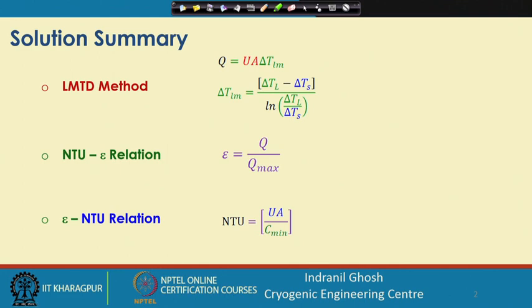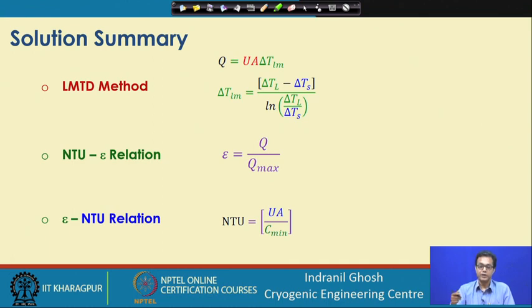So, we have learned about different techniques, LMTD method, epsilon-NTU relation, and now we want to utilize all these techniques to solve different heat exchanger problems, and depending on the knowledge of the values given for the heat exchanger problem, we have to apply different techniques to solve for the values that we have to get.